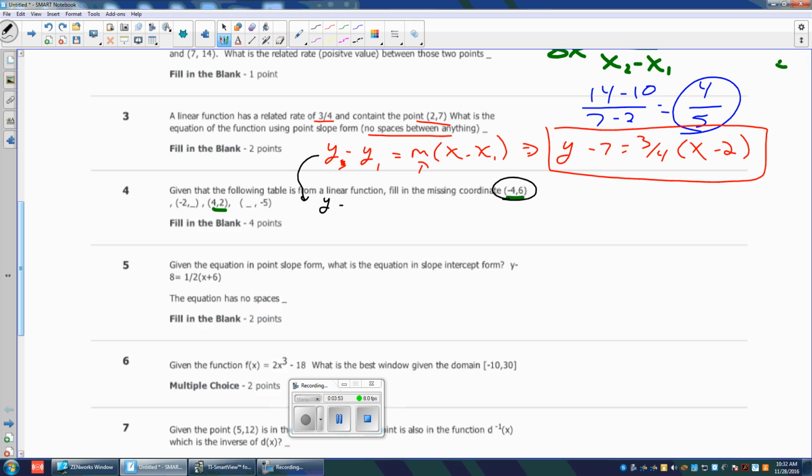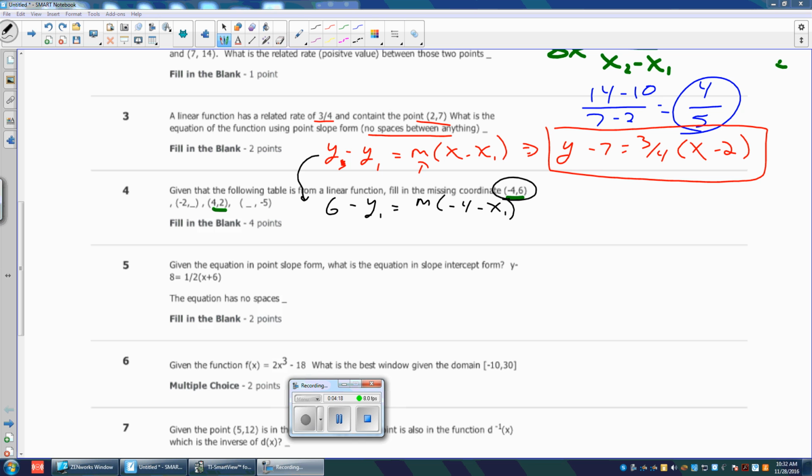So the y is going to be 6. y minus y1 equals m, and then x is -4 minus x1. So here, the equation is almost in point slope form.